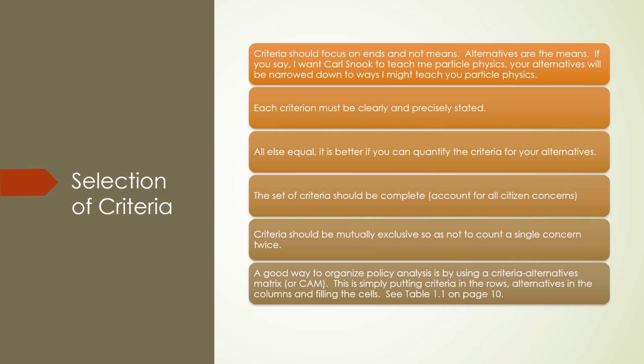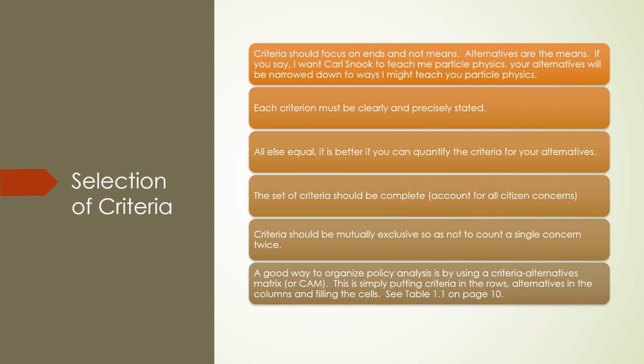Each criterion must be clearly and precisely stated. The better you do at this, the more meaningful the result you actually come up with. You should quantify the criteria if you can. The set of criteria should be complete. They should account for all concerns.